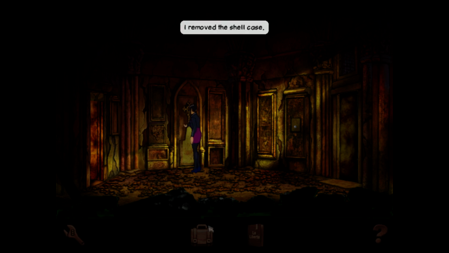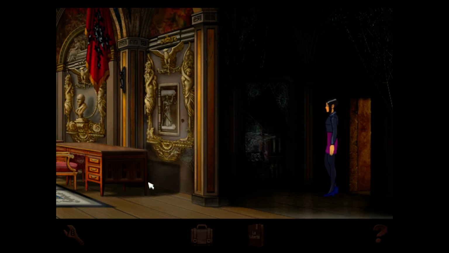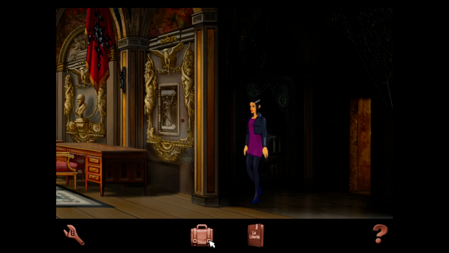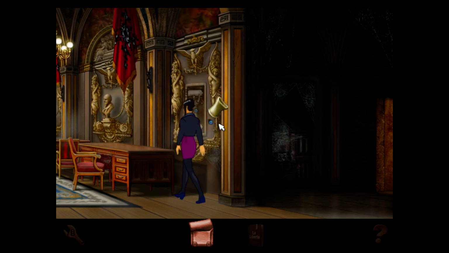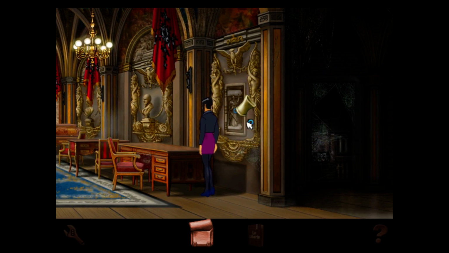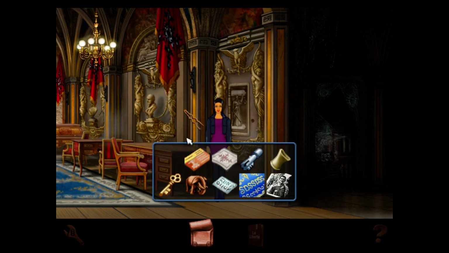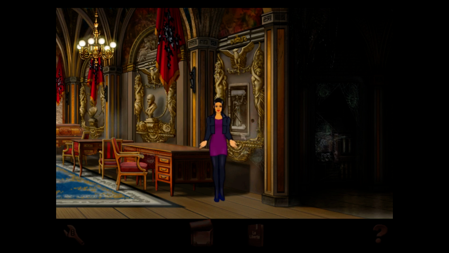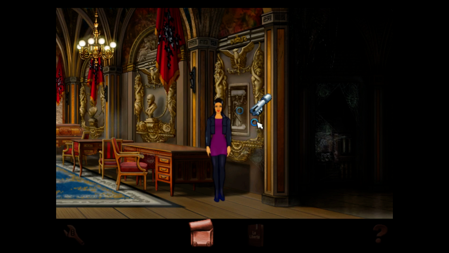I removed the shell case. So we need some other round object, which isn't the shell case though. Nope. And it's not the hairpin. And it's not this key. And it's not this key.